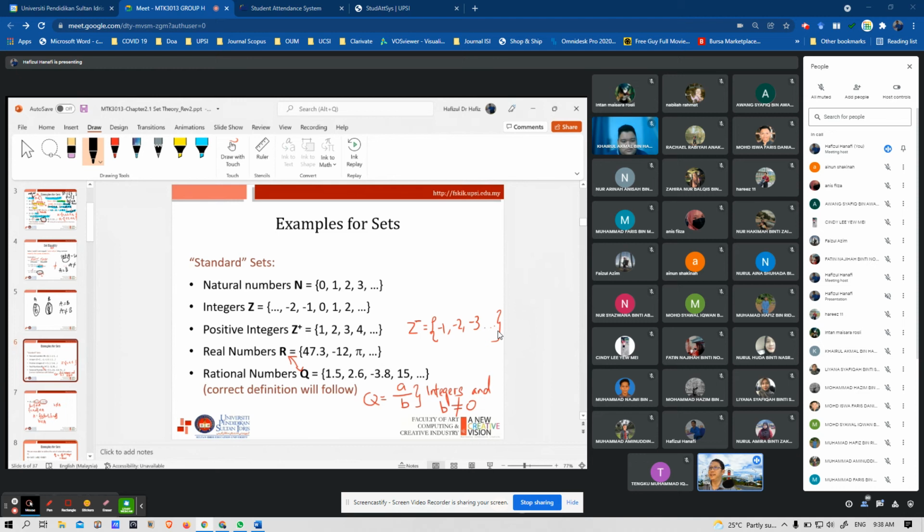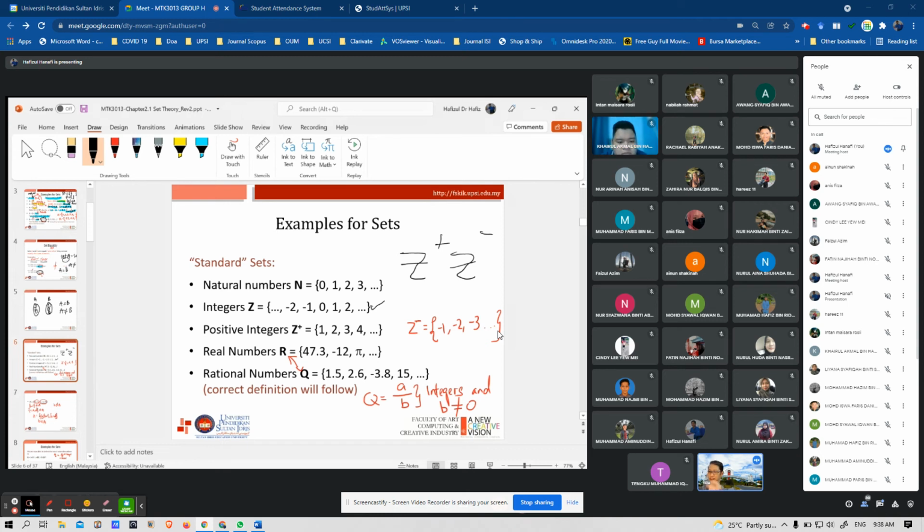We have a standard. Standard means that you need to comply. N is for natural numbers, and then we have integers. Integers contain positive and negative numbers. Then we have positive integers, Z plus for positive integers. If you want to define the negative integers, Z minus. And then we have rational numbers and real numbers.